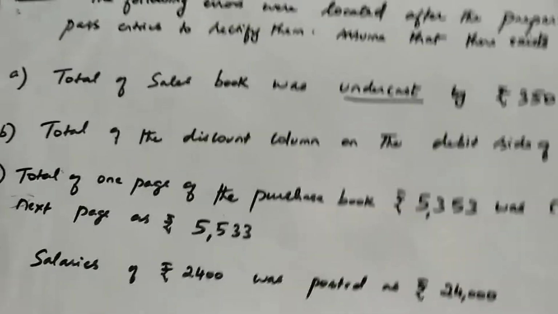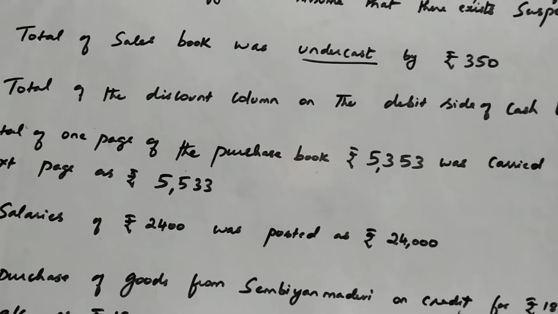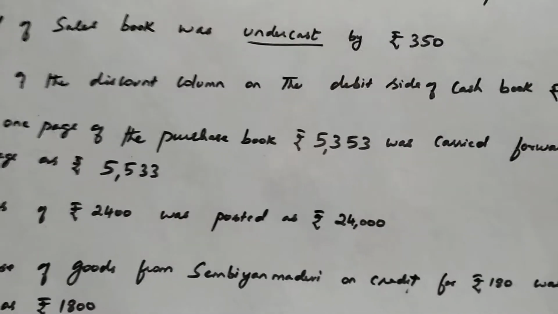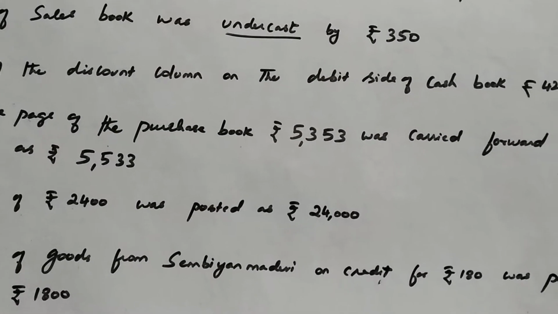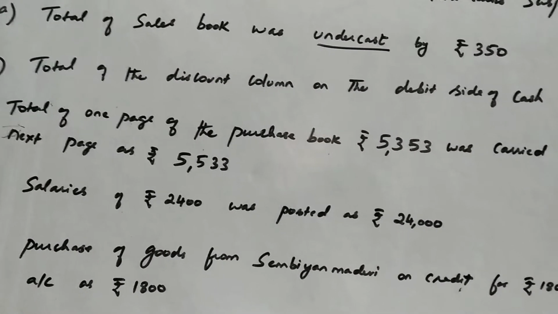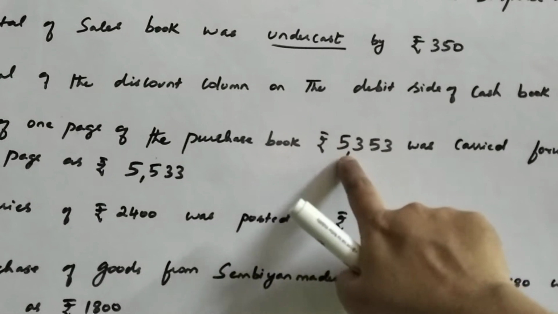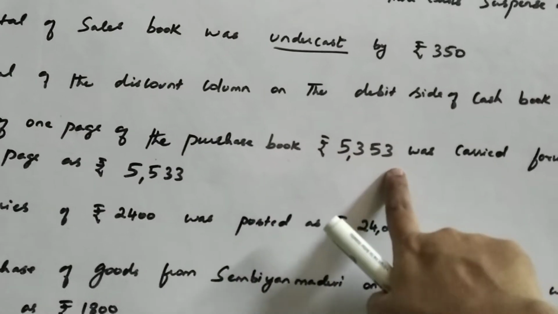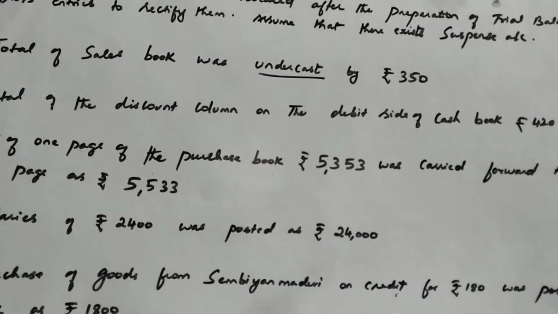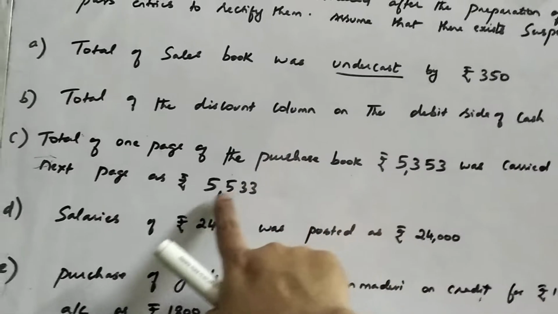Third one, total of one page of the purchase book, rupees 5,353, was carried forward to the next page as 5,533. Just look at this. The actual amount is 5,353, but when they carry forward this to the next page, they made a mistake.